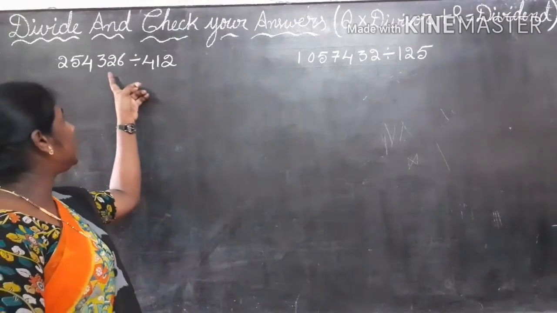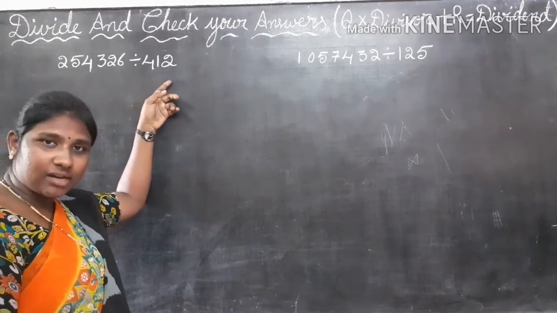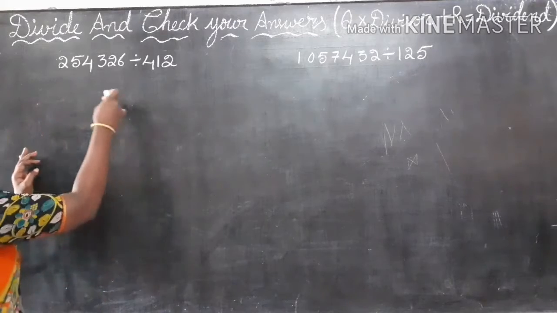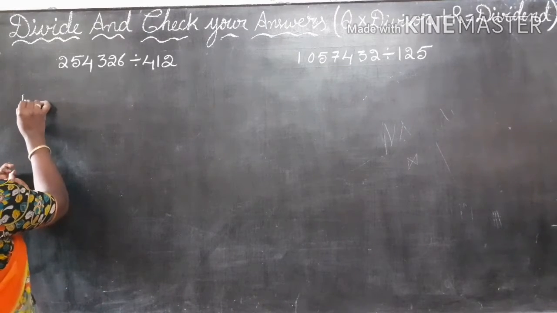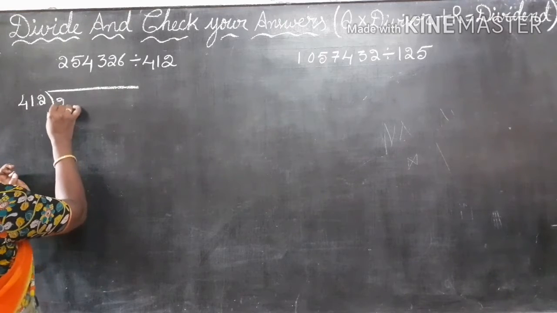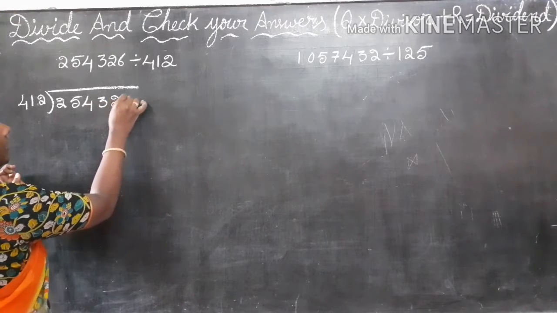Next one is the division of a 6-digit number by a 3-digit number. Same as before, like 412 and 2,54,326.